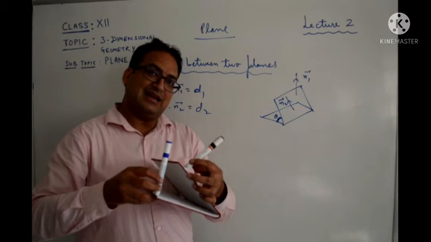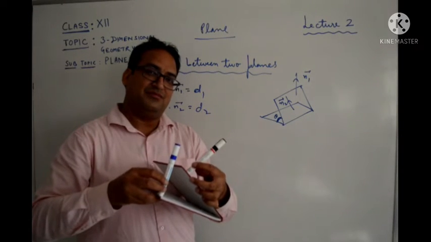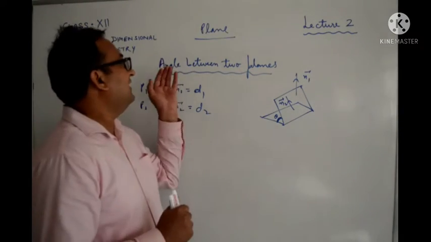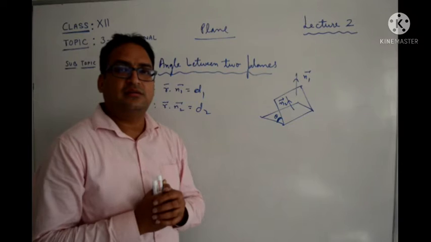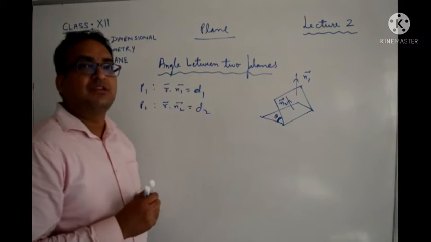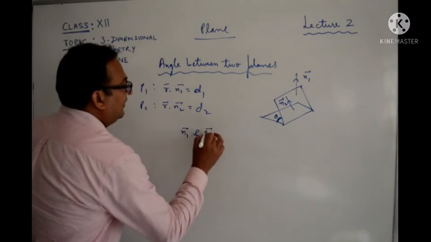Whatever the angle between these two normals, the same will be the angle between the two planes. So I repeat, the angle between the two planes will be the same as the angle between their normals. So we simply have to find the angle between the n1 vector and the n2 vector.